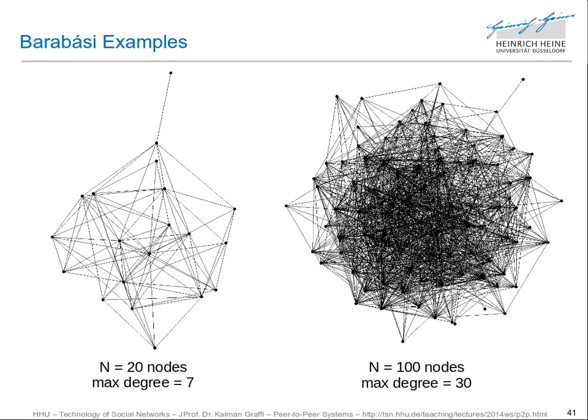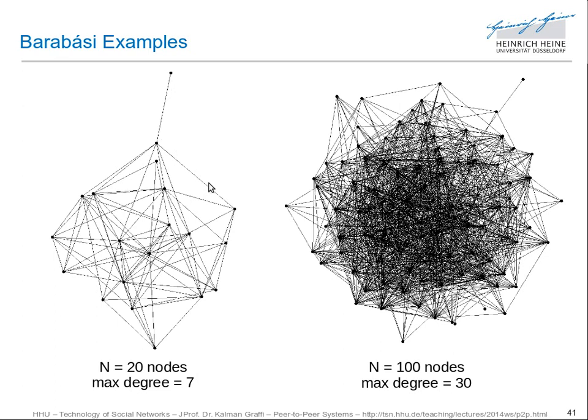Okay, this is how Barabasi graphs look like, with n equals 20 nodes and a maximum degree of 7. So we have one node which is very well connected, and for example one node which has just one edge.